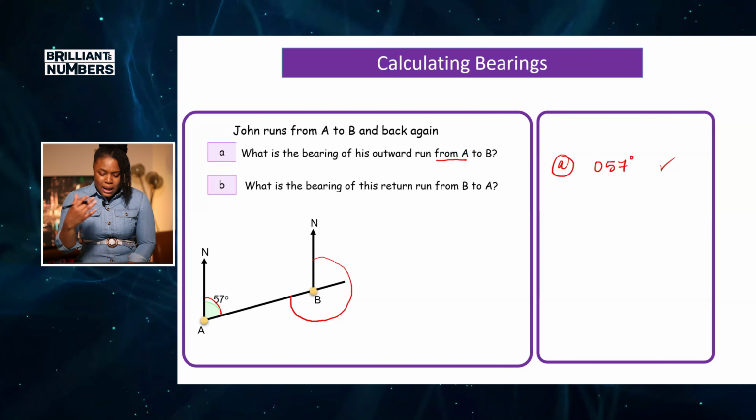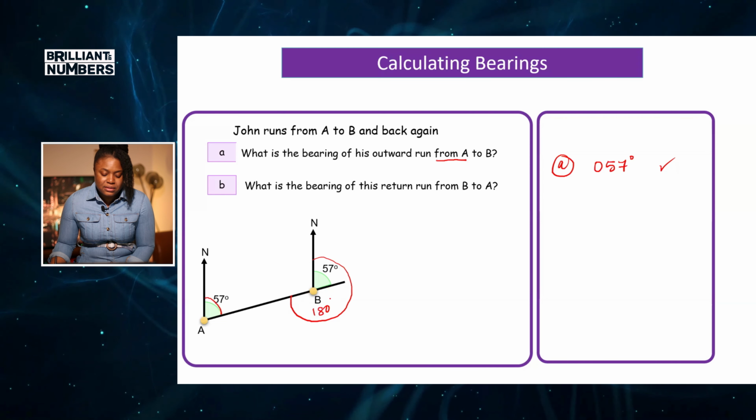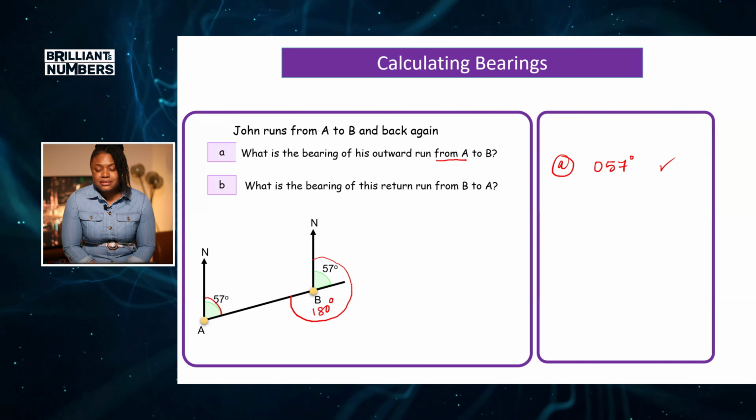Now here I recognize that the angle here is a corresponding angle to 57 degrees. So that angle is also 57 degrees. Now if you look here at the bottom, this bit here is a straight line, which means that this angle here is 180 degrees.